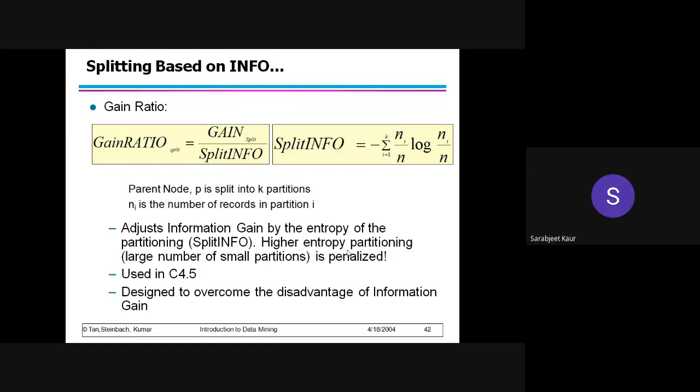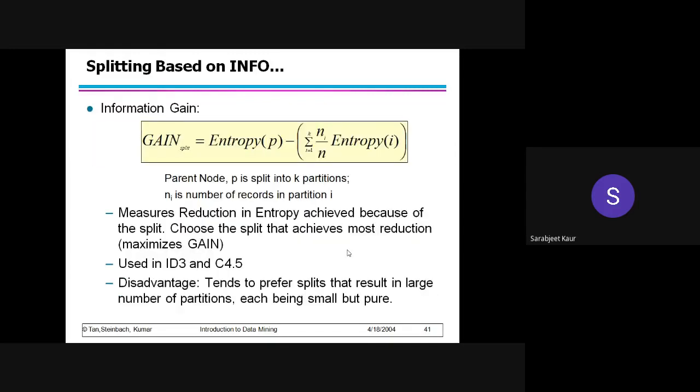What this means is that Gini is good and so is entropy. But if we just look at these metrics, up till this point where we are computing gain, the disadvantage is that it has been seen, when these algorithms are run, that they produce a very large number of partitions.